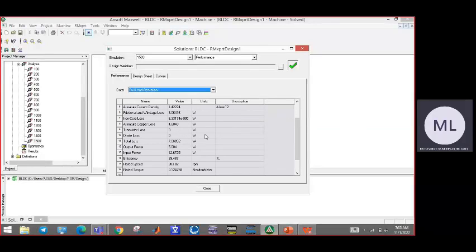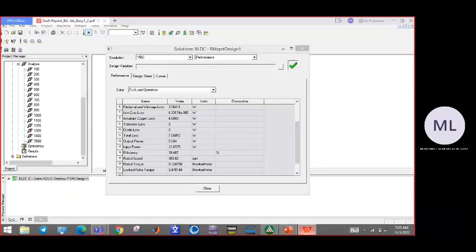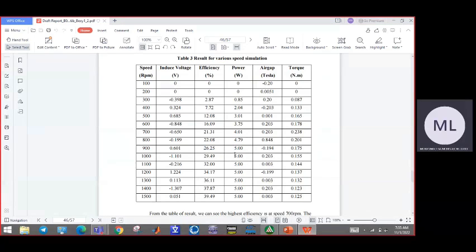The output power is 5 watt, but the efficiency increases from 900 RPM. It's 6.25 and 5 watt, and it remains constant after 900 RPM.